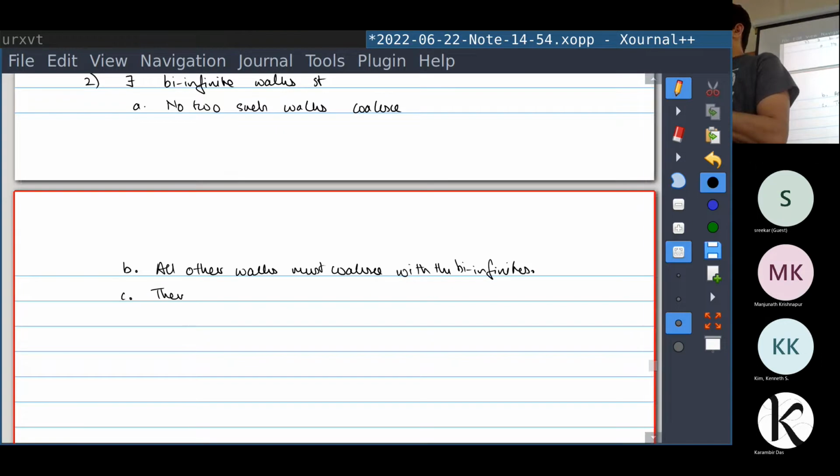There must be infinitely many bi-infinite walks.